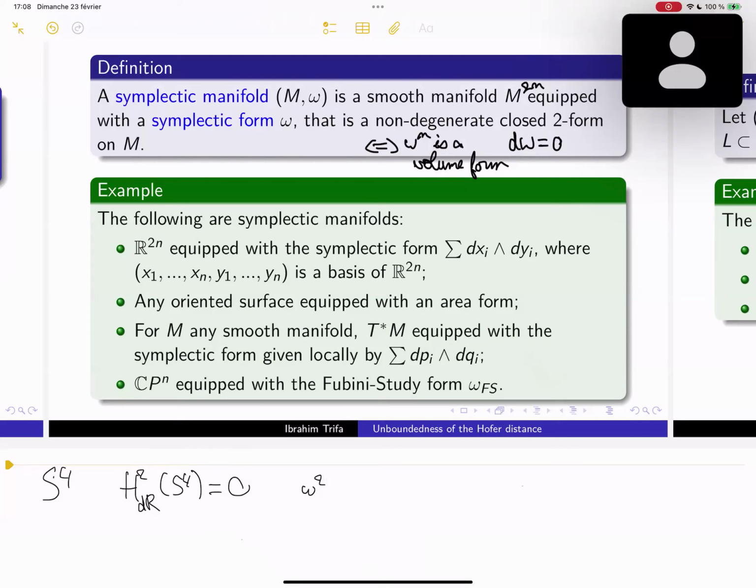So it's not symplectic. Another example is S^2 times S^4. Here, even though the second cohomology group is non-trivial, you can check that for omega a closed two-form, you always have that omega to the power 3 is equal to 0, so it cannot be symplectic.